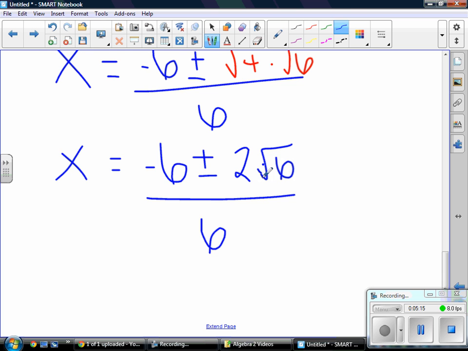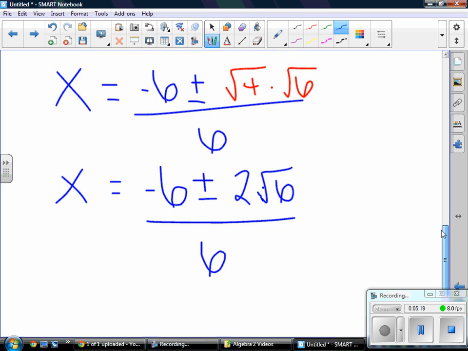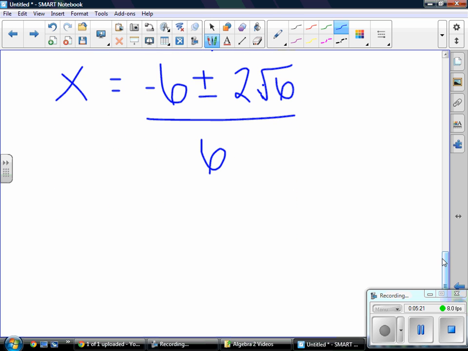Okay, so this is almost there, because we can simplify this a little bit more. If I look at these numbers in front here, they're all even numbers, right? 6, -6, 2, and +6. I can divide all of those by 2 and have a simpler answer. So if I divide -6 by 2, I'll be left with -3, plus or minus 2 divided by 2 is 1.